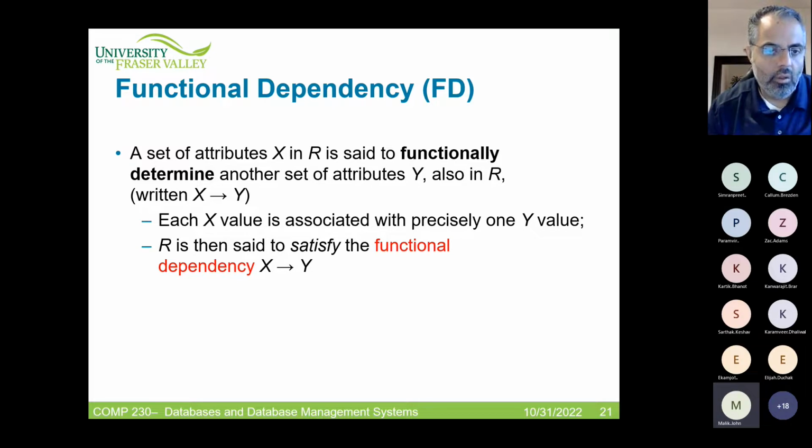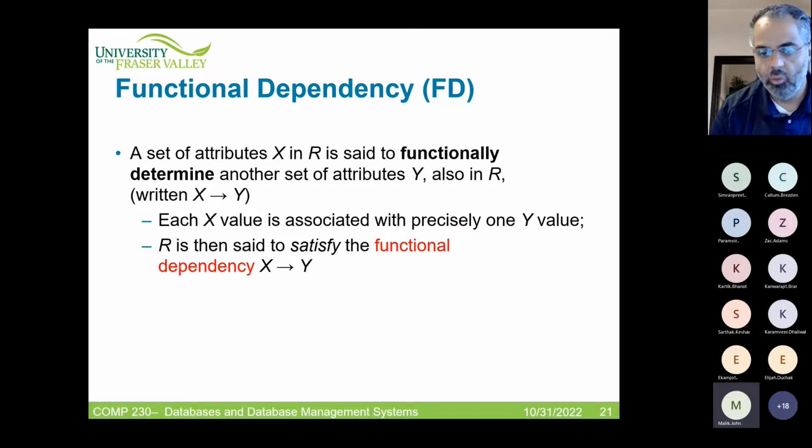So for us, a functional dependency is within the same table, the same relation. So we are now studying the relationships or the dependencies of the attributes in the same relation, in the same table. When we talk about a functional dependency, it can be between a set of attributes and another set of attributes, X and Y. So a set of attributes from the X part with a set of attributes from the Y part.